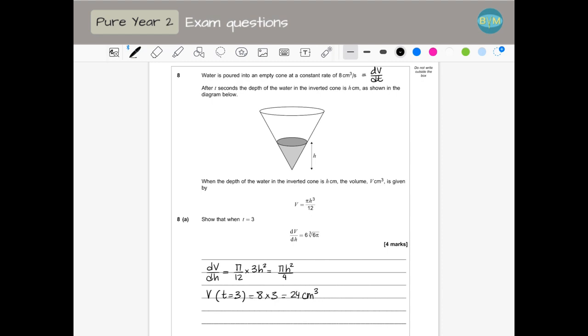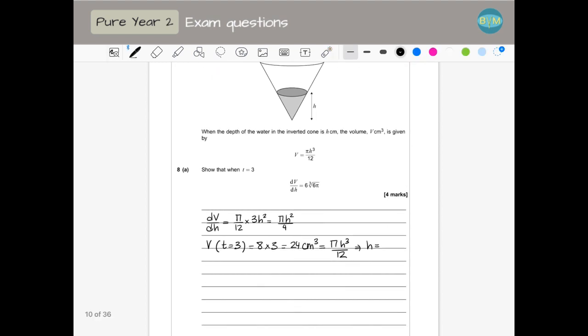That's my volume. And this volume means that h, so I know the volume in terms of h is this one, so I can find h from here. h is going to be 12 times 24 divided by pi, cube root, yeah?